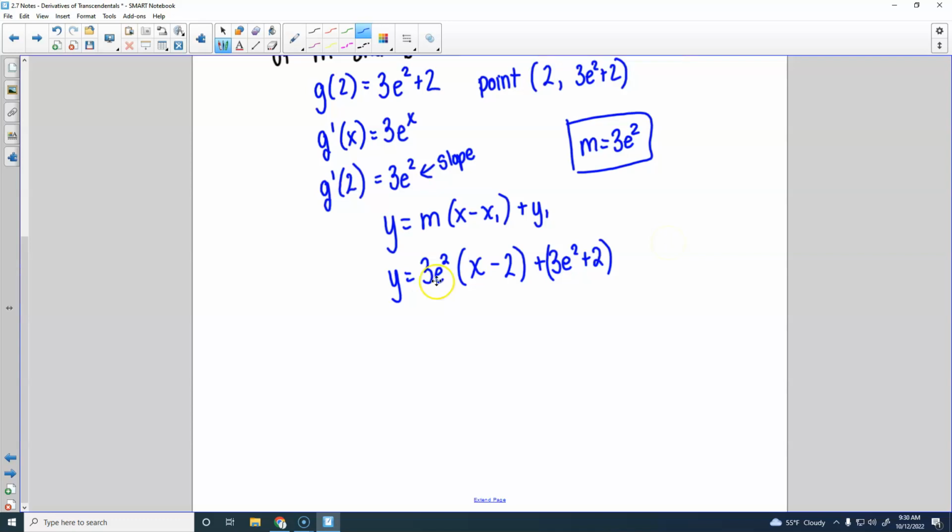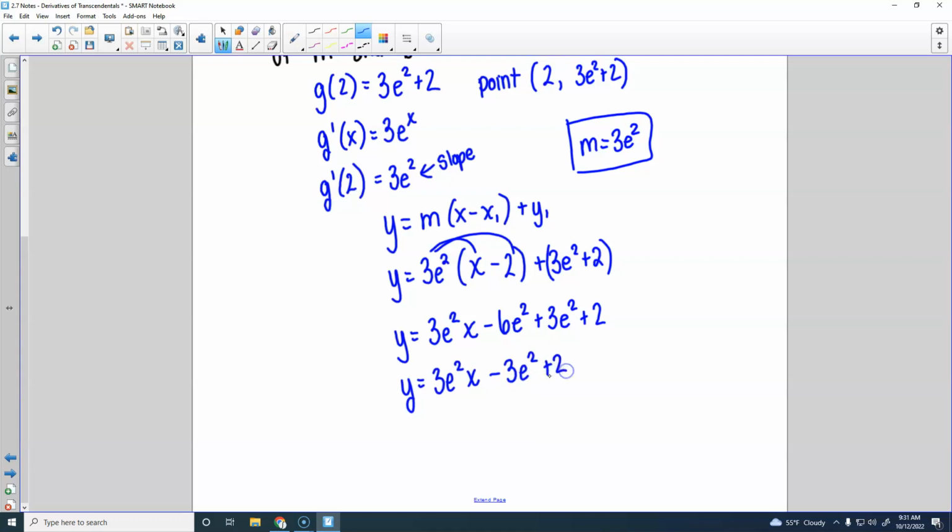We need to know the b, which means this needs to be y equals mx plus b form. So we're going to distribute our 3e squared. So y equals 3e squared times x minus 6e squared plus 3e squared plus 2. And then if we combine the like terms that we have here, we're going to get minus 3e squared plus 2.